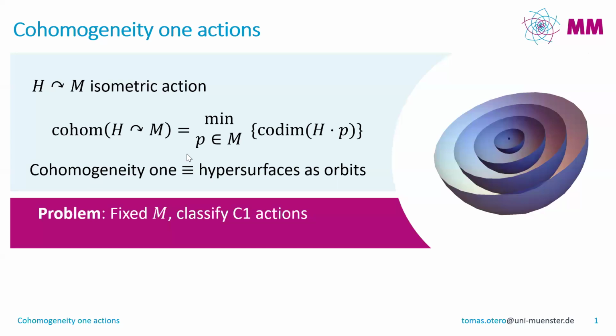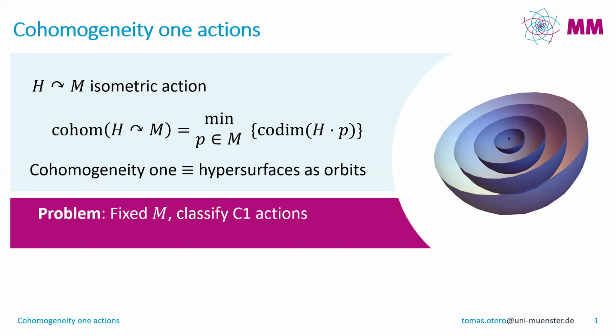But another reason, and why I originally came to this topic, is that of submanifold geometry. The orbits of isometric actions have especially nice properties. For example, the regular orbits of a cohomogeneity-one action have constant principal curvatures.